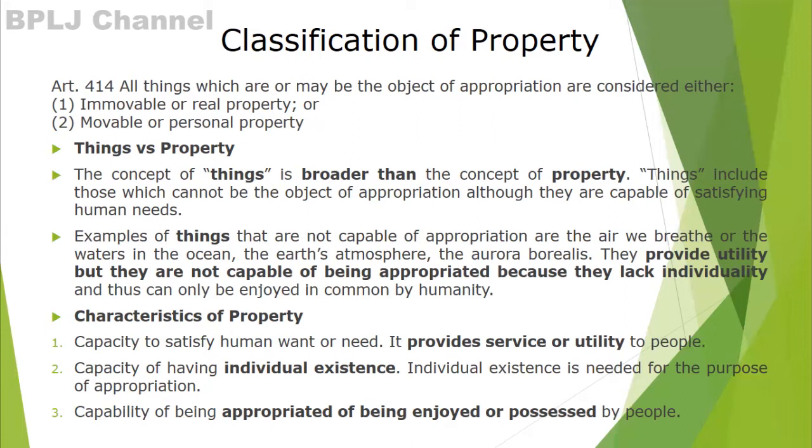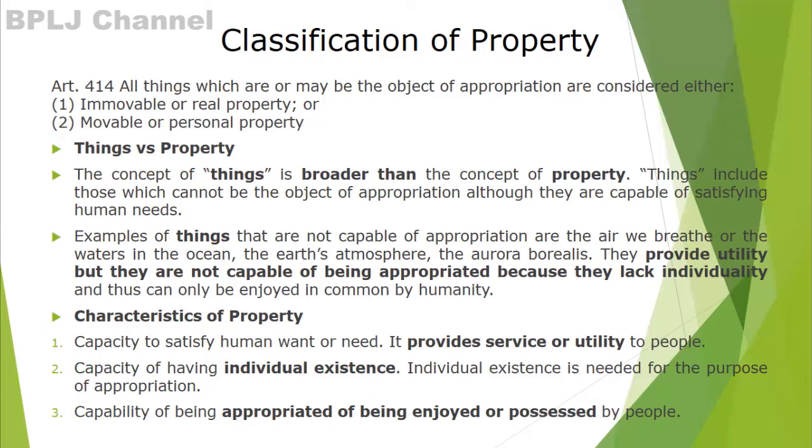And then the third requirement for a thing to be considered as property is the capability of being appropriated or of being enjoyed or possessed by people. So the belongingness or the capability of being owned is something that a property should have.